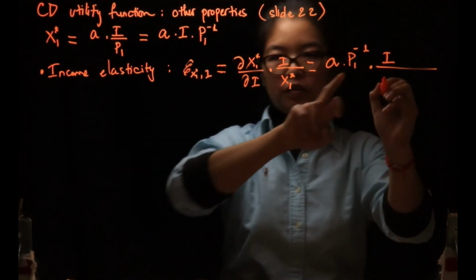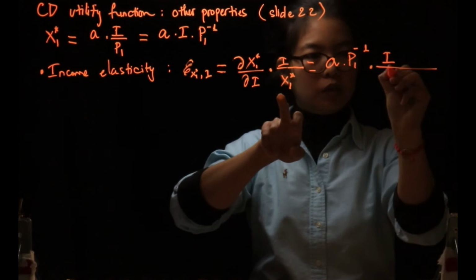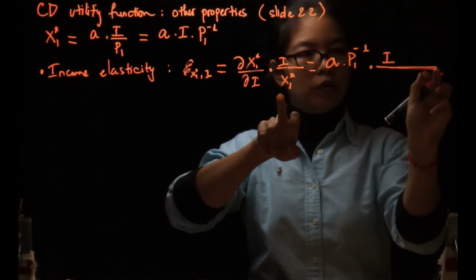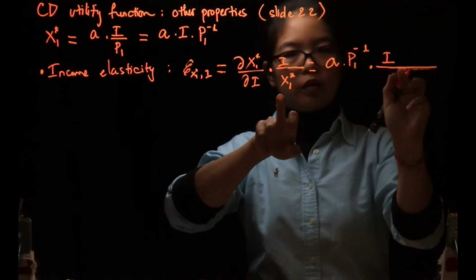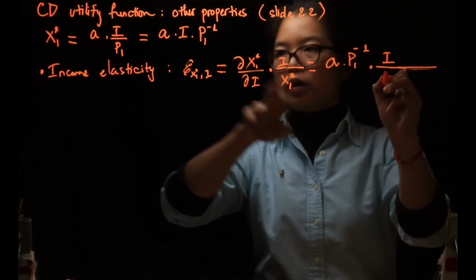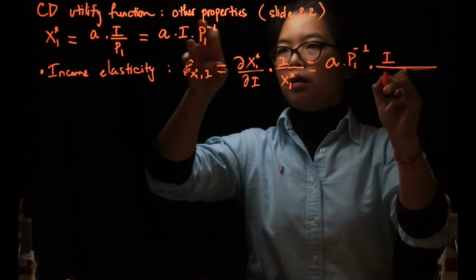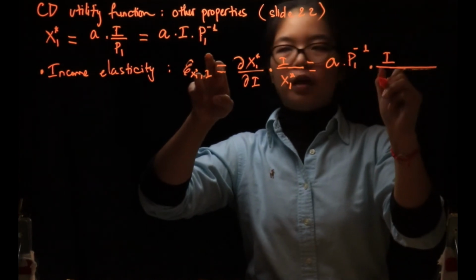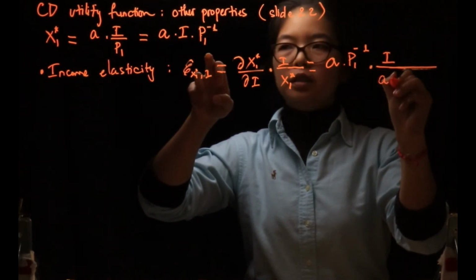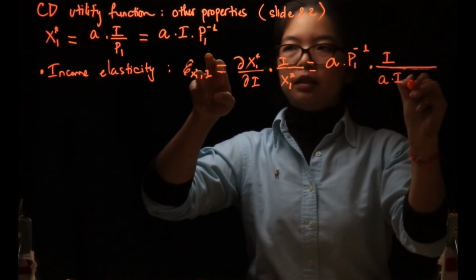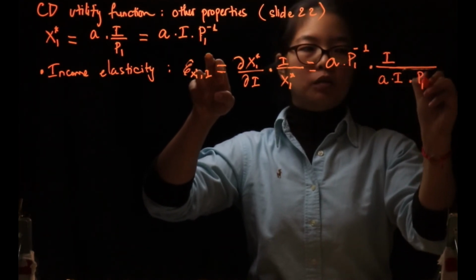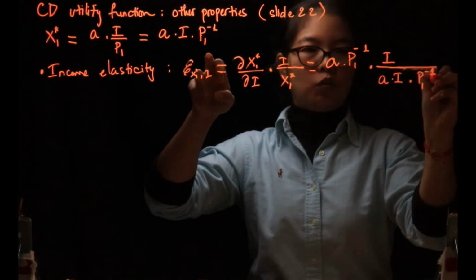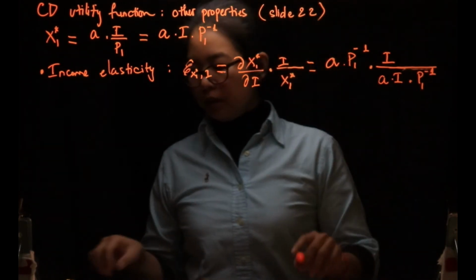This is the derivative. Coming to the next part, we write I over x1*, but now we plug x1* in as a function of the parameters again. So that is a times I times p1 to the power of minus 1. Let's simplify things.